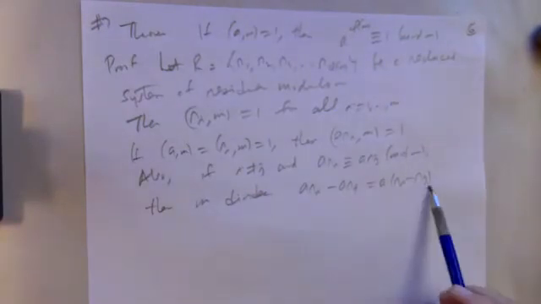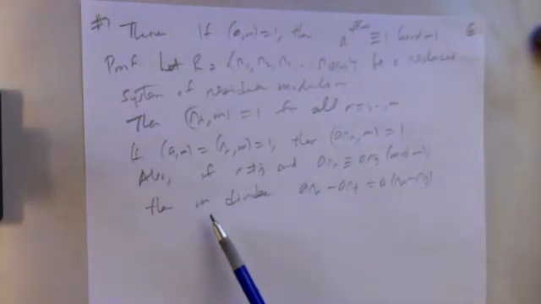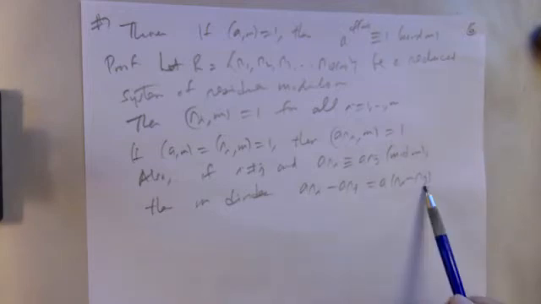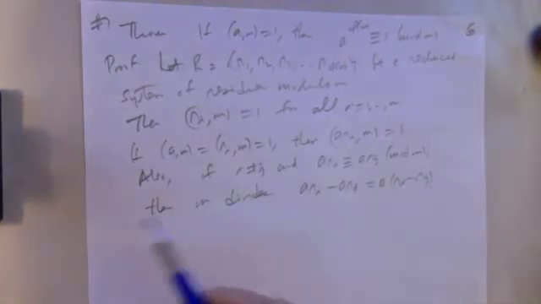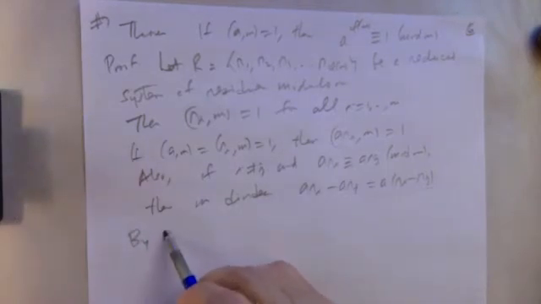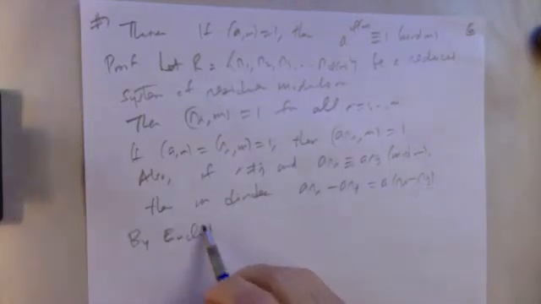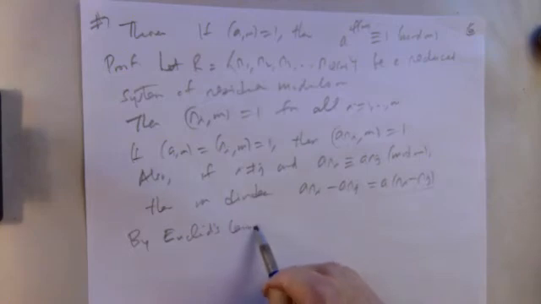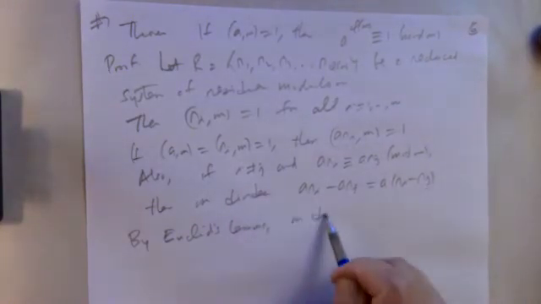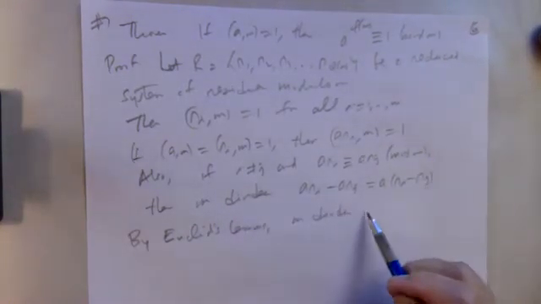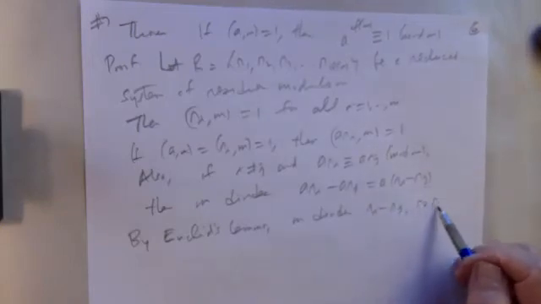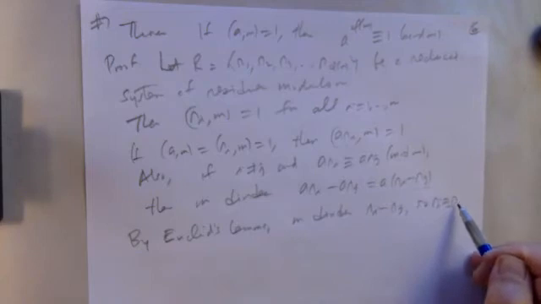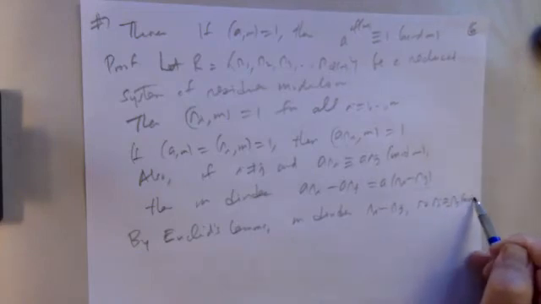So M divides this product, and Euclid's lemma says that if M divides a product and it's relatively prime to one factor, then it has to divide the other factor. So by Euclid's lemma, M divides Ri minus Rj. So Ri is congruent to Rj mod M.